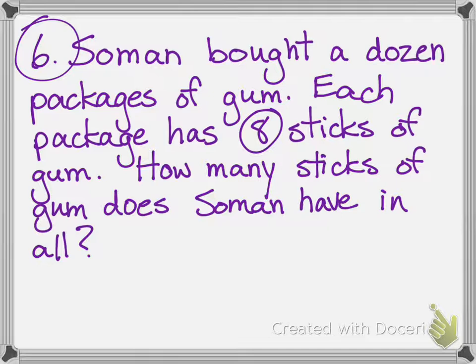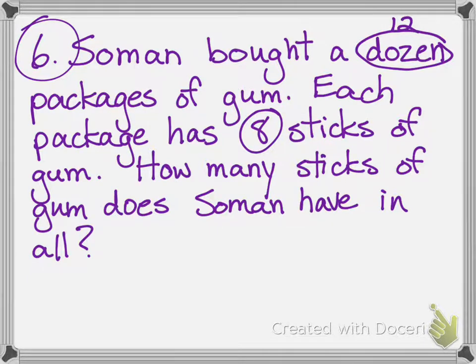I don't see another number though. So is there a word that means a number? There it is, dozen. When your mom buys a dozen eggs, there are 12 eggs in the package. So dozen means 12. So those are our 2 numbers, 8 and 12.